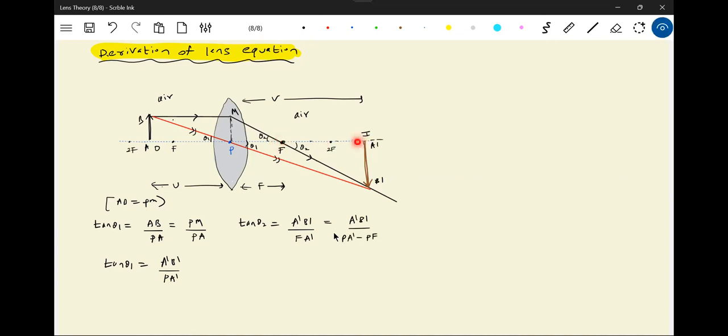Also tan theta 2 equals PM by PF. Therefore, equating these two, PM by PF equals A dash B dash by PA dash minus PF.